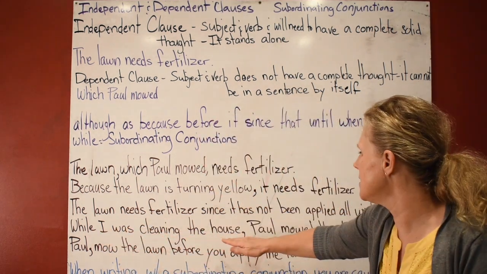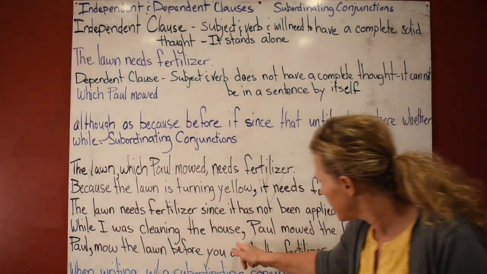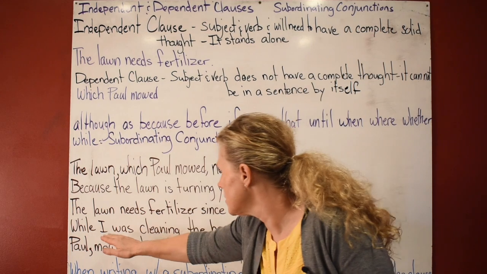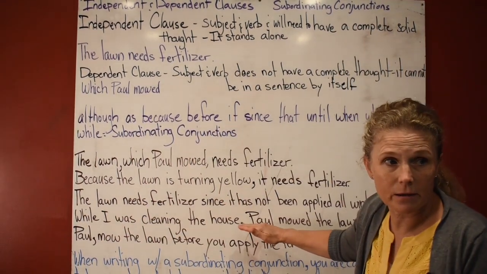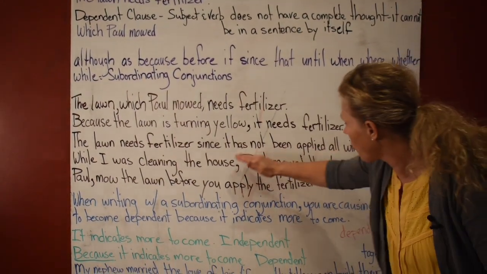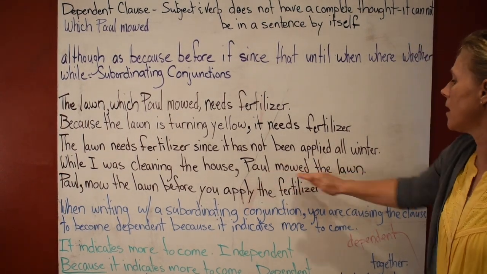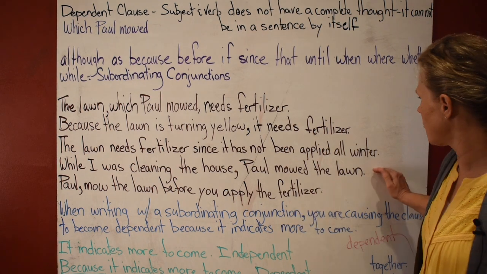While I was cleaning the house, comma, Paul mowed the lawn. Here it is again. Here's your subject and your verb for your dependent clause right here. Subject and verb for your independent clause. See how "Paul mowed the lawn" sounds just fine all by itself.